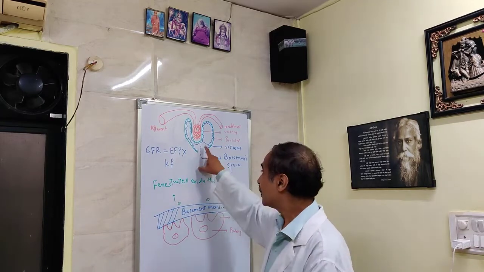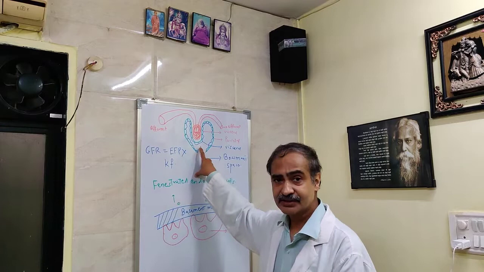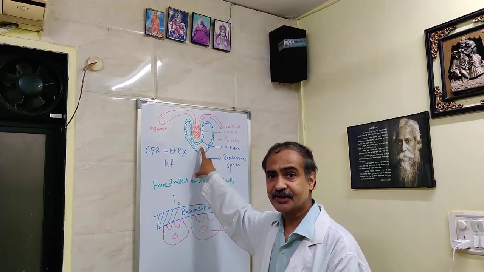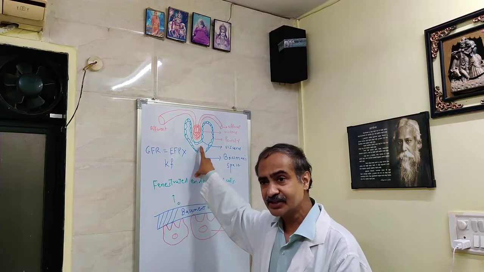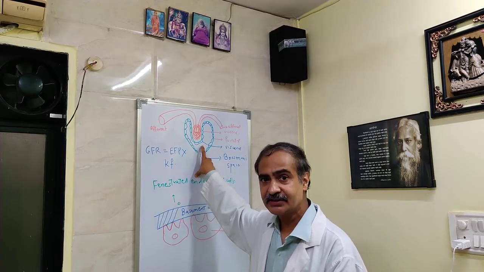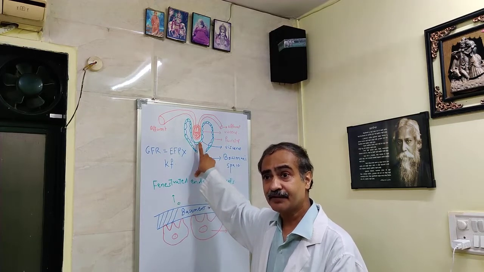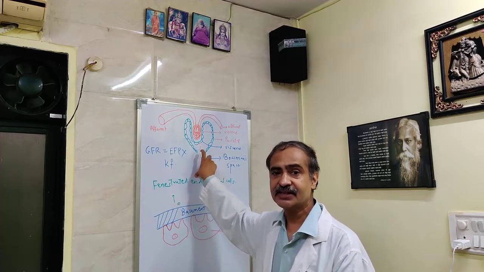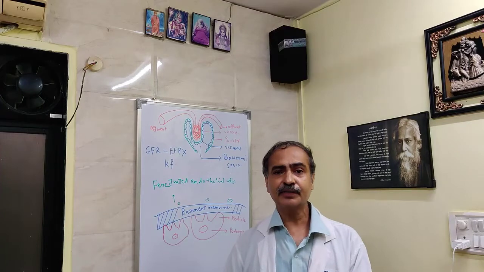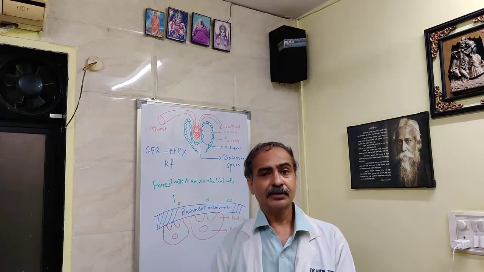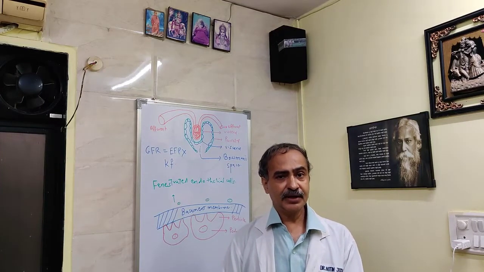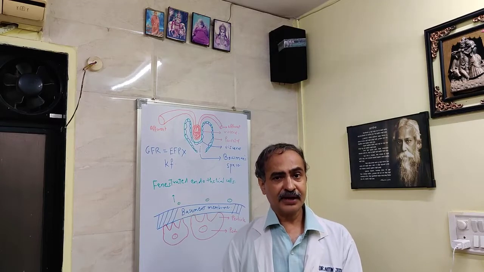Next, one more factor which determines the glomerular filtration rate is the hydrostatic pressure in the glomerular space. Normally it is 10 to 15 mm Hg, but if it increases, it prevents filtration. This is classically seen in obstructive uropathy from any cause, like posterior urethral valve, BPH, stricture, bladder neck contracture, PUJ obstruction.